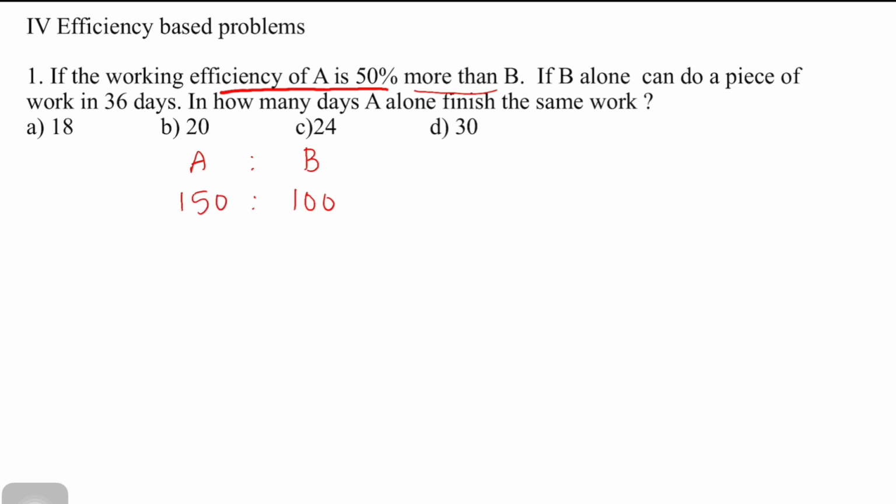So this will be the ratio between them. This is the efficiency ratio. So this is nothing but 3:2. 50 2s are, 50 3s are. So efficiency is 3:2. One thing you should remember here: efficiency is always inversely proportional to time.